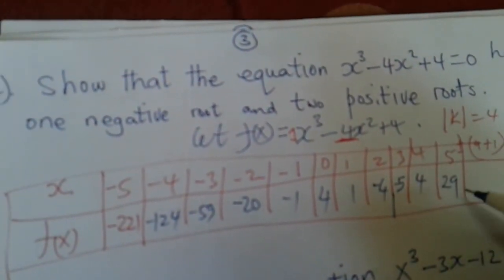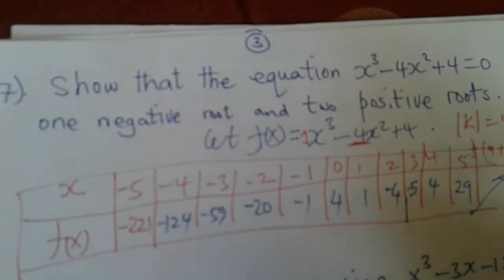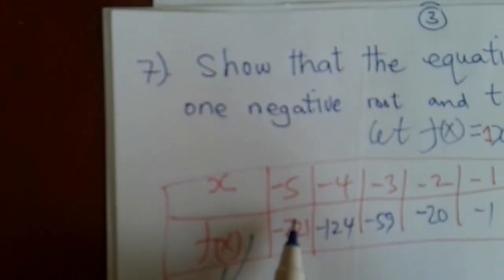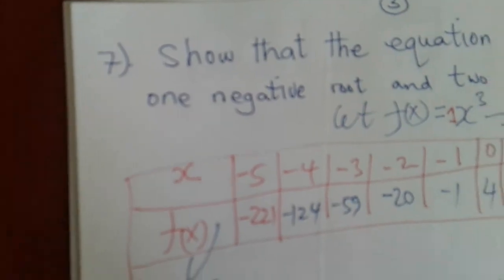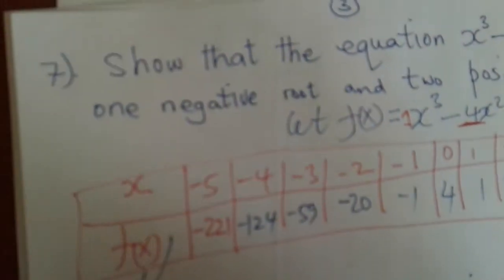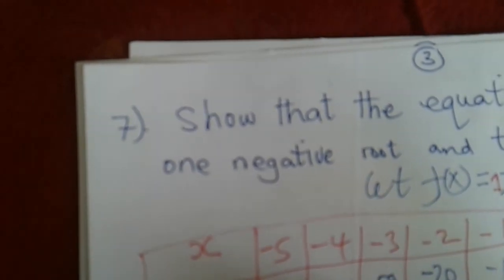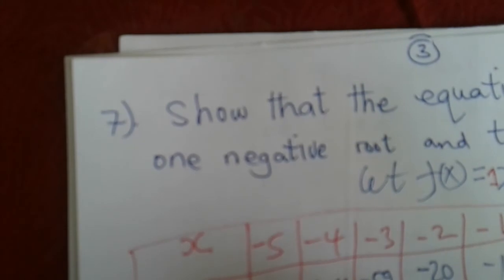Similarly, you will see that the values of f of x are increasing as you go towards values away from 0, and decreasing as you go to values less than 0. You can now check through and see that there is a change from negative to positive between negative 1 and 0.